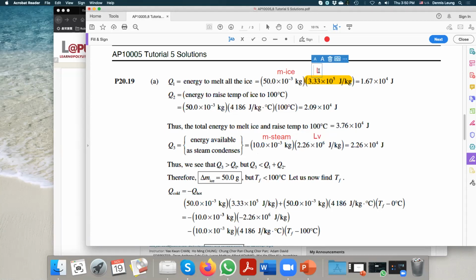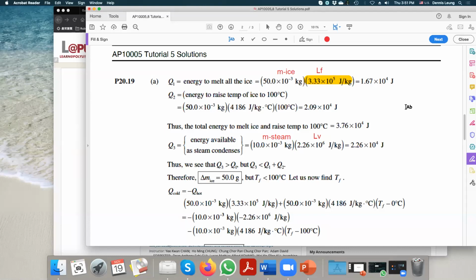The latent heat at the top is actually the latent heat of fusion for the water. So you could see that Q3 is 2.26 times 10 to the power 4. Q1 is 1.67 times 10 to the power 4.